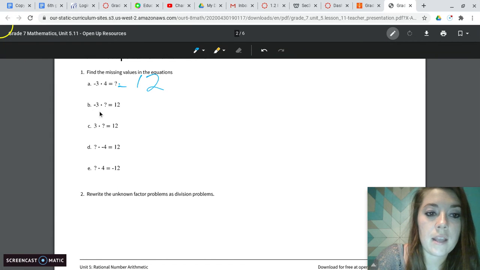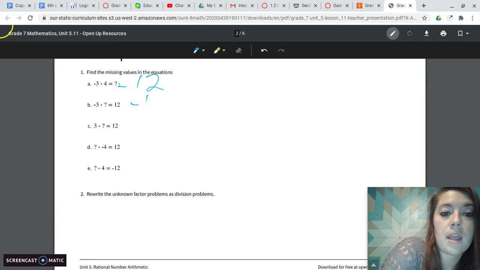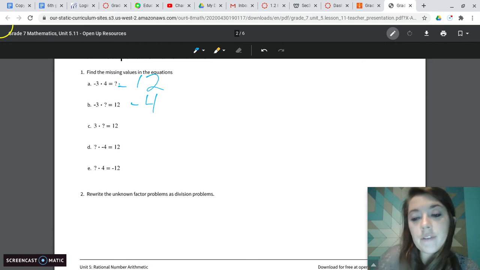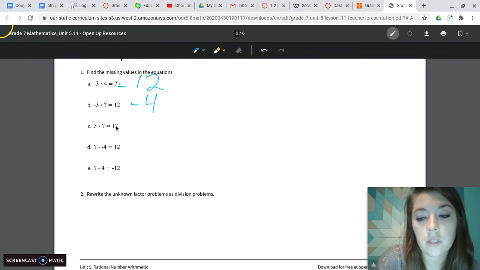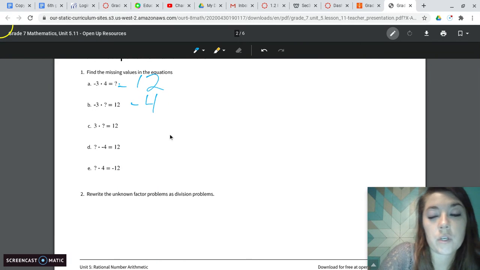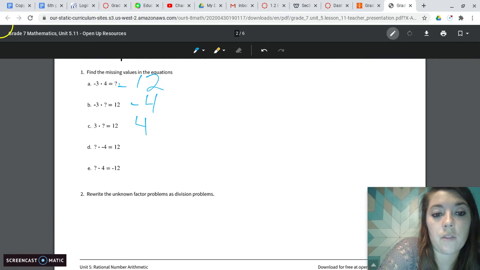For the next one, -3 times what should equal +12? Well, that should be a -4, because remember, a negative times a negative makes a positive. All right, 3 times what will equal 12? Well, in order to get a positive, when we already have one positive, we're going to need another positive.